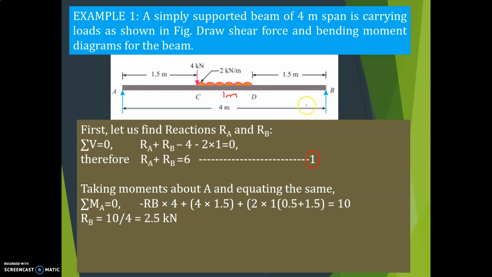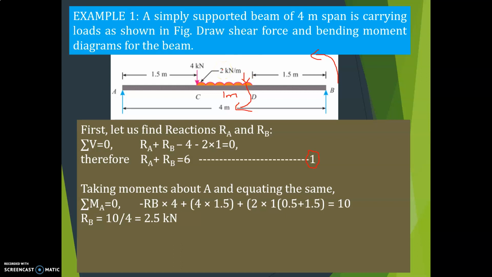Okay. So what is that now? RB here, I take moment about A. So RB is moving in this direction, that is the anti-clockwise direction about A. So it is minus RB. This is vertical, so the perpendicular distance is 4. So minus RB into 4, plus the UDL, which is moving in this direction, that is clockwise.